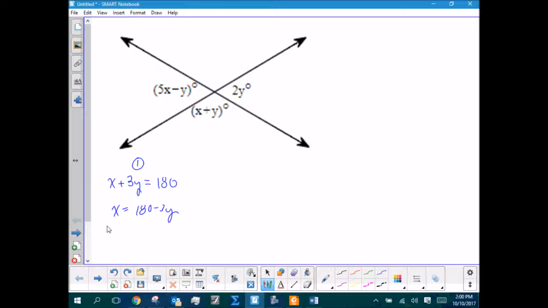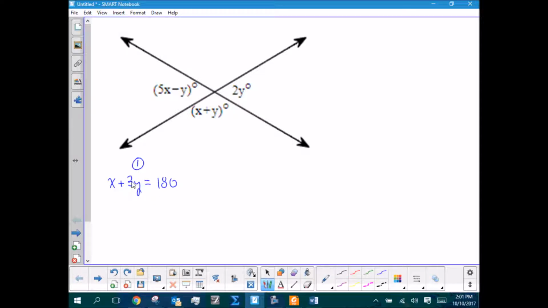Or I could say y is equal to 1/3, it's actually going to be negative 1/3 x plus 60, okay, when I solve this one for y. But that doesn't tell me what y is unless I know what x is, right? So I can solve for x and I can solve for y, but it provides me an expression that incorporates the other variable. Maybe not something we really want to do. There's other ways around this problem instead of doing that. Okay.